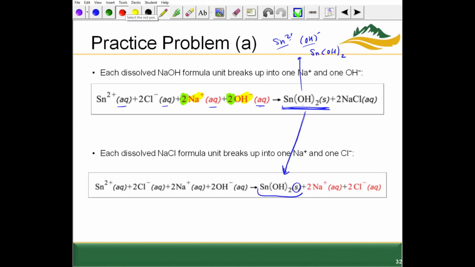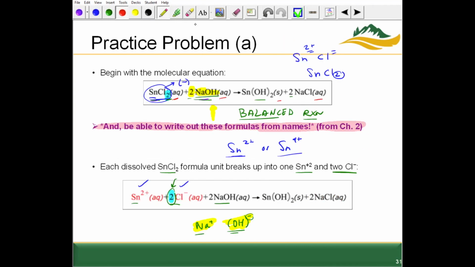What we can break up into its respective ions is this aqueous solution here. So sodium chloride gets broken up into Na+ and Cl-. Again, because this 2 is out front here, we do need to put a 2 for the molar coefficient here and a 2 for the molar coefficient here. In our initial problem here, we were told this is aqueous, aqueous, solid, and aqueous.